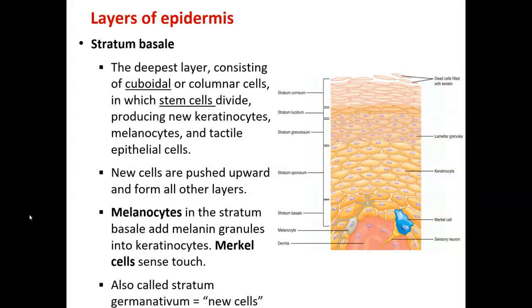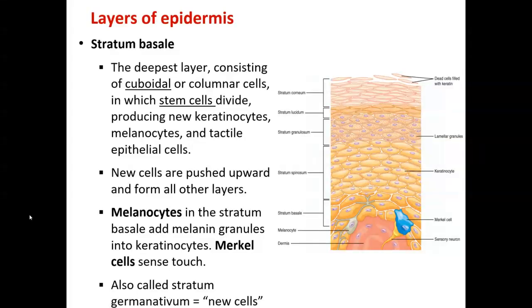So we have to make more down here, and then they just move up as they flake off at the top. So these cells that start out down here, in a few days they'll be up here, and then later they'll be up here, and eventually they'll be at the top.